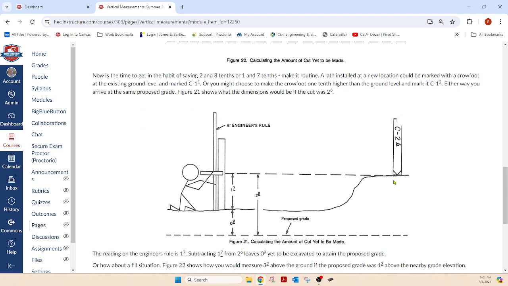Here's another. How much is it here? And how do we know? From this point to this point, it's 2 and 6/10. It says so. Somewhere in the process, they have already got this calculated out, and they know that it takes a cut of 2 and 6/10 from this crow's foot to be on the proposed grade. So how are we going to set this lath based on this lath?